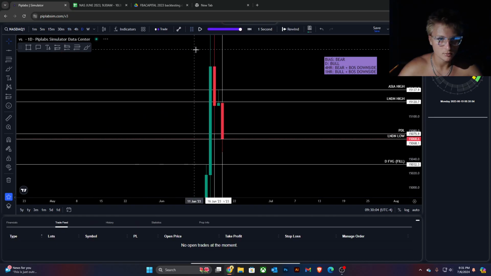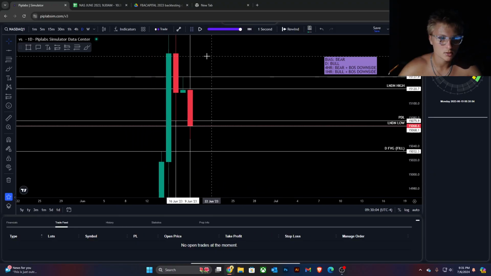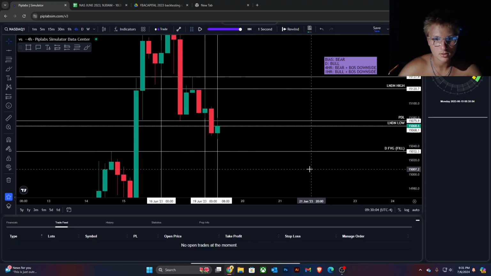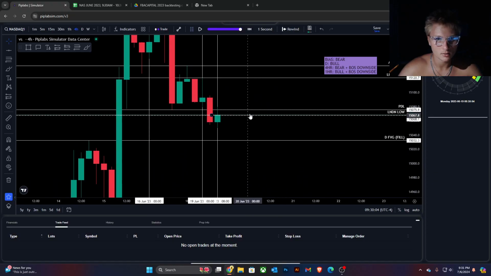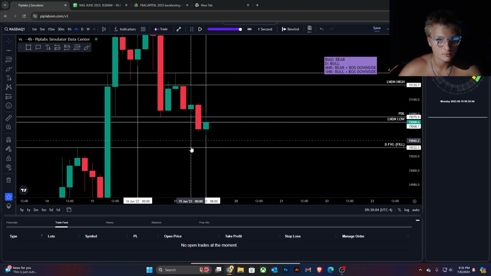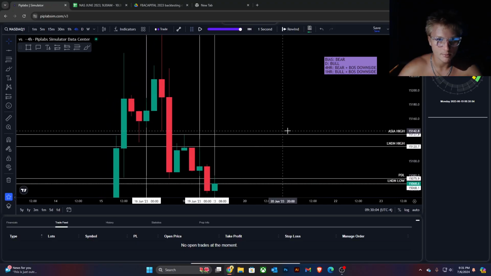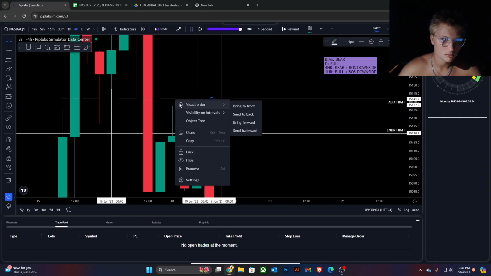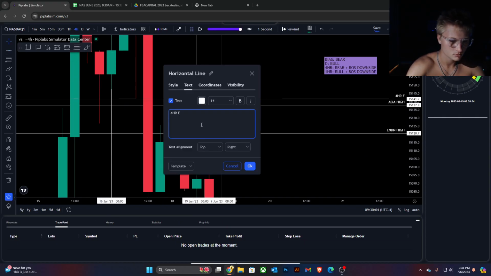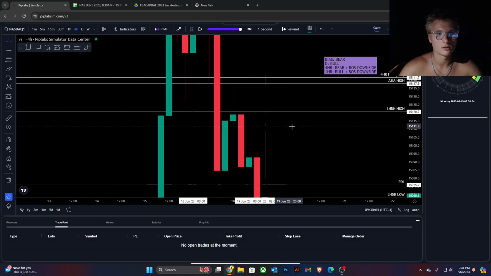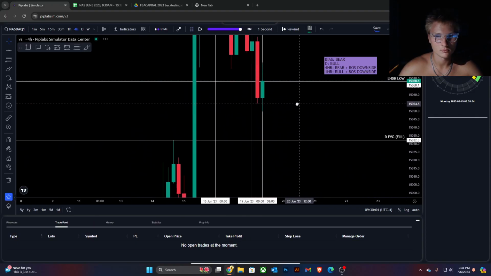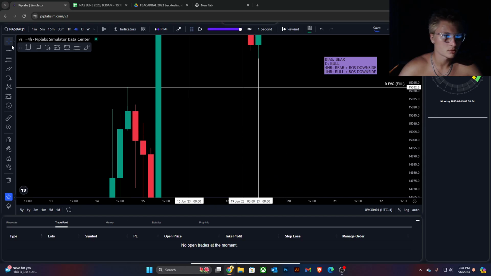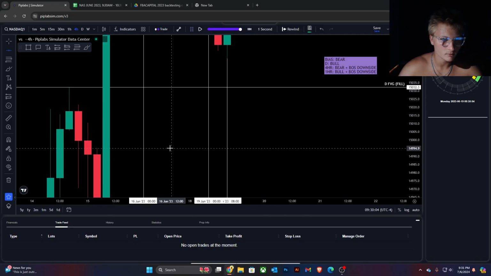But yeah, let's mark up any important 4-hour gaps. We got, looks like this gap right here was filled. Don't see any major ones other than this up here. Four-hour gap fill. Down here we have this 4-hour gap fill.